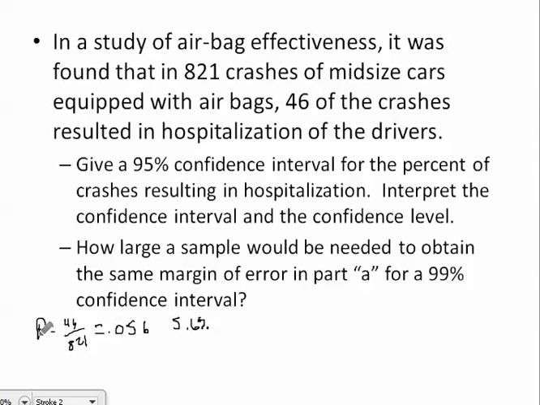So what I would say is 46 divided by 821, or 0.056, or 5.6% of car crashes of mid-sized cars equipped with airbags resulted in hospitalization. And we want to create a 95% confidence interval for that.